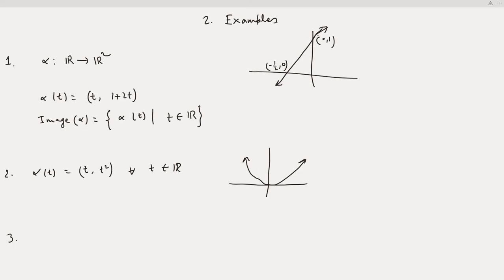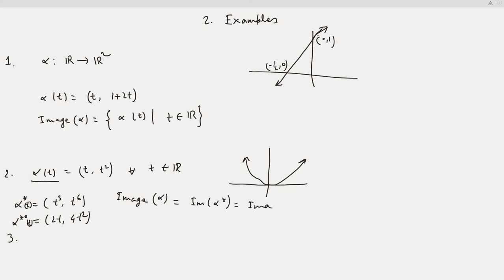Instead of this, if you consider alpha star of t equals (t cubed, t to the power 6), or alpha double star of t equals (2t, 4t squared), then the image of alpha equals the image of alpha star, which equals the image of alpha double star.